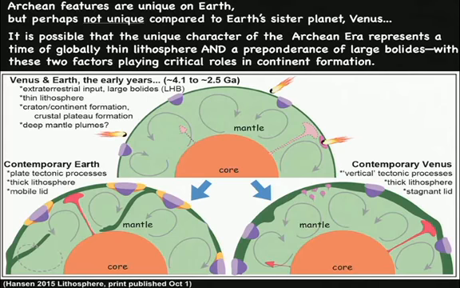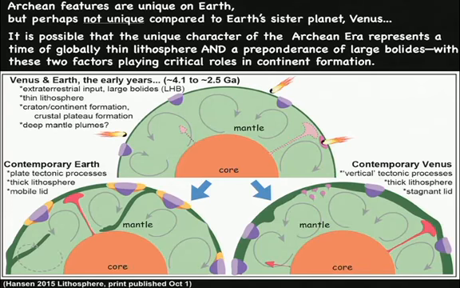So we can look at these two planets and say that their baby book in their early years was probably quite similar. We may or may not have had plumes, thin lithosphere, bolides forming. We formed crustal plateaus on Venus that are still preserved. We formed Archean cratons. Some of the crustal plateaus were lowered and partially buried.